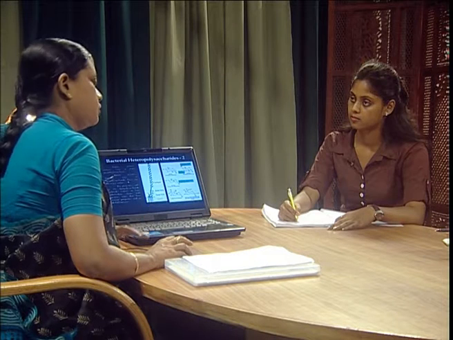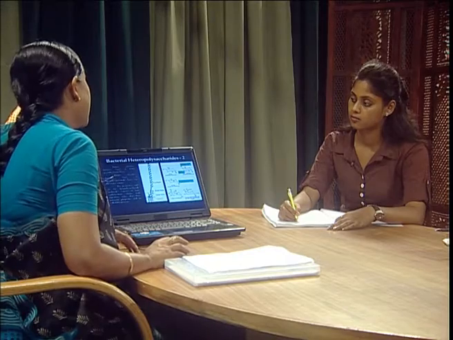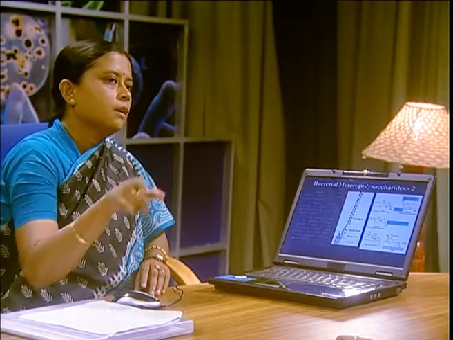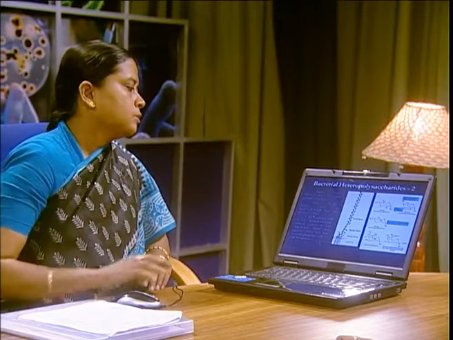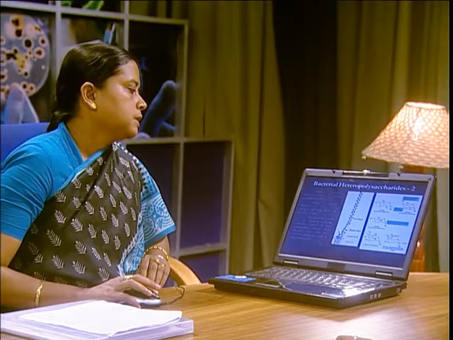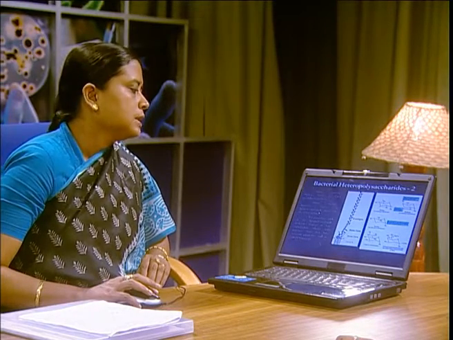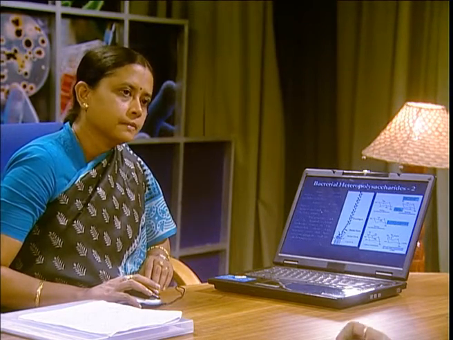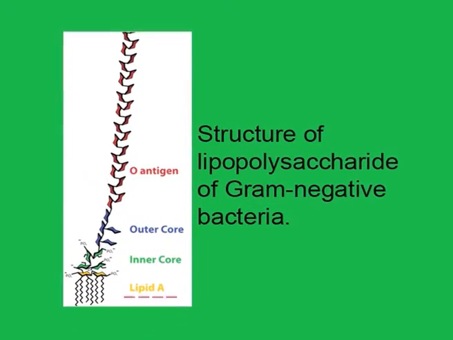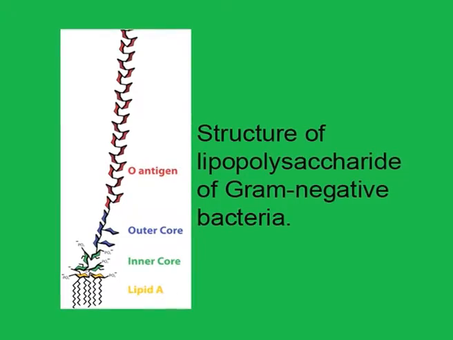This lipopolysaccharide layer is present on the outer surface of the bacteria. So, what is the functional role of these lipopolysaccharides? This layer is in short called LPS. The LPS layer has lipid molecules, and polysaccharide is associated with this lipid molecule.